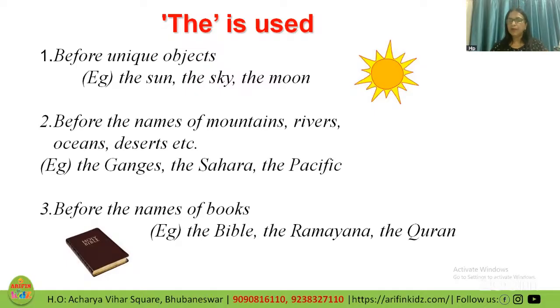Then the Bible, the holy book of Christians. Then the Quran, the holy book of Islam. Then the Guru Granth Sahib, the holy book of Sikhs. So before all the holy books, we use the.